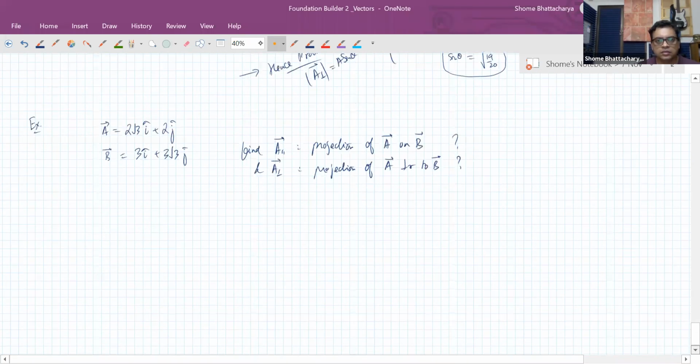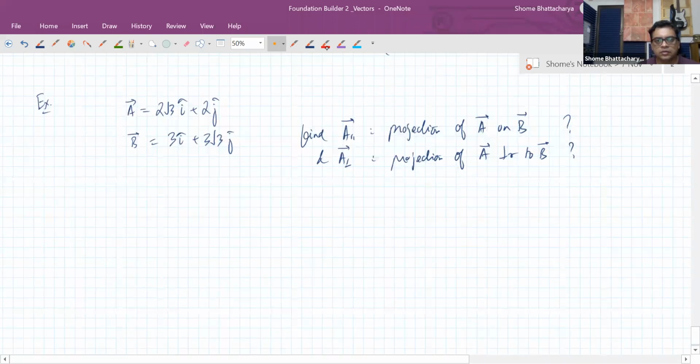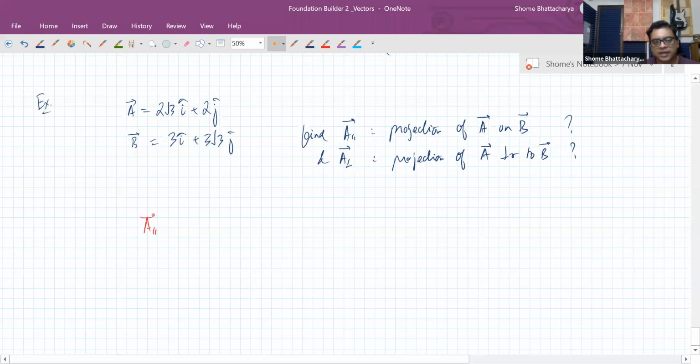So let's work this out. So the first part, A parallel, it is A cos theta into B cap, where A cos theta we know is given by this simple formula. So A dot B, you can see here how much will it be? It is 2 root 3 into 3, so that is 6 root 3 plus again 6 root 3, so it is 12 root 3.